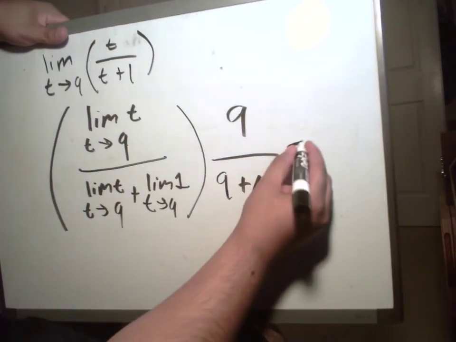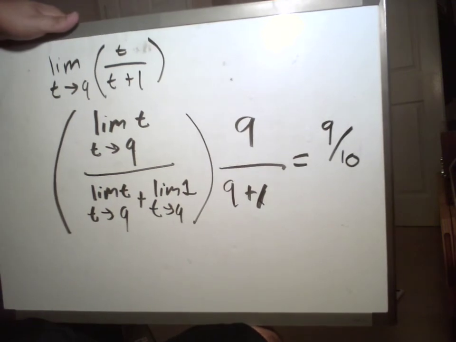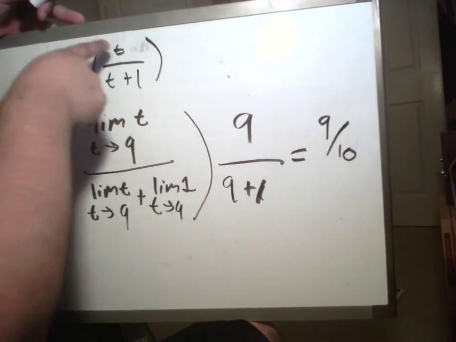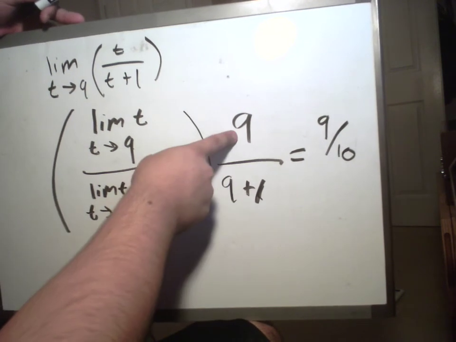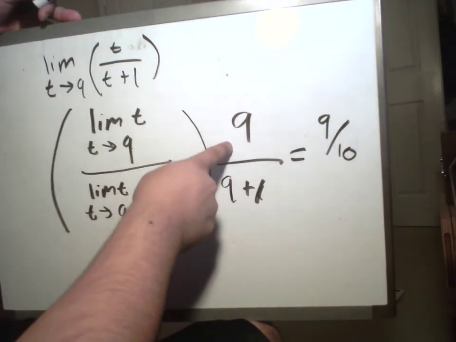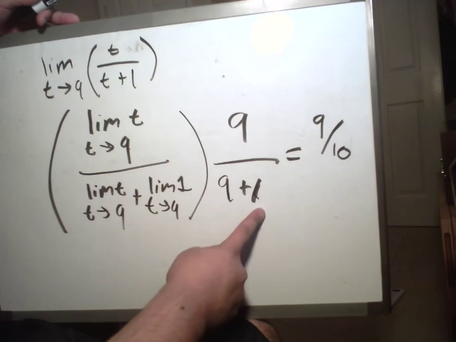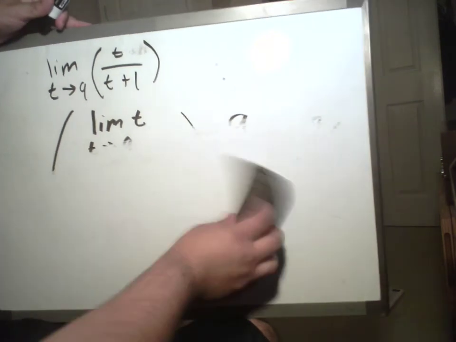And so this is going to equal 9/10. We just plugged in the limit into the t on top and the t on bottom and the 1. And we got 9 because we plugged in the 9 for the t on top. Plugged in the 9 for the t on bottom and kept the 1. We got 9/10. Let's try one more here.